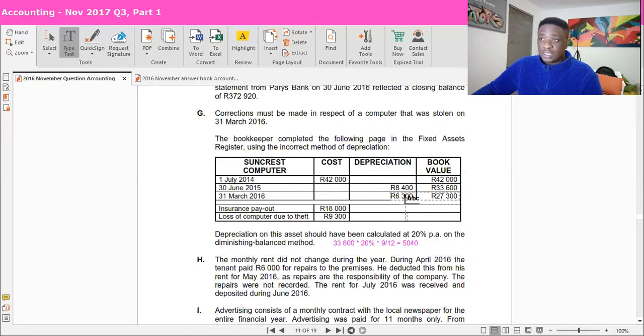So it would have given you a bigger amount. Therefore, we need to find the difference between 6,300 and 5,040, and that difference is 1,260. Then we add that difference on top of our loss to get the total loss incurred as a result of the stolen computer.